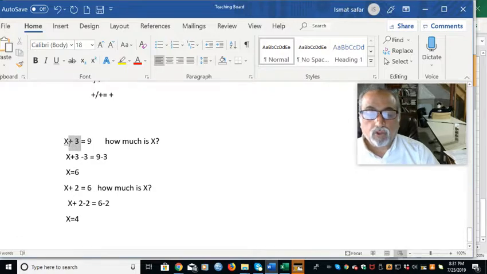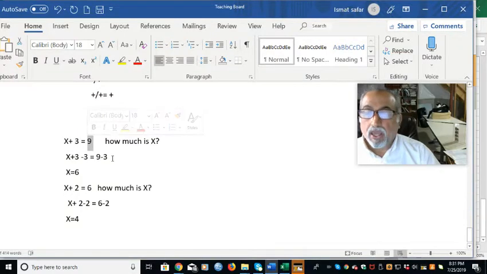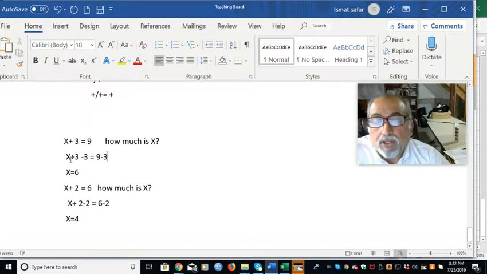Now, in order to cancel this 3, and make x closer to being known so we can know it better, what we do is subtract 3 from this side and subtract 3 from this side. I will show you. So x plus 3 minus 3.